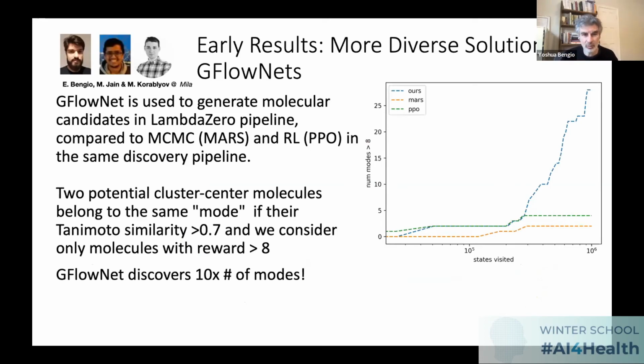We use Tanimoto distance to cluster, to separate the molecules in different groups, and we want to see how many groups at least some distance away from each other this can discover. And we find that at some point it gets it and discovers many more modes than the competing methods.